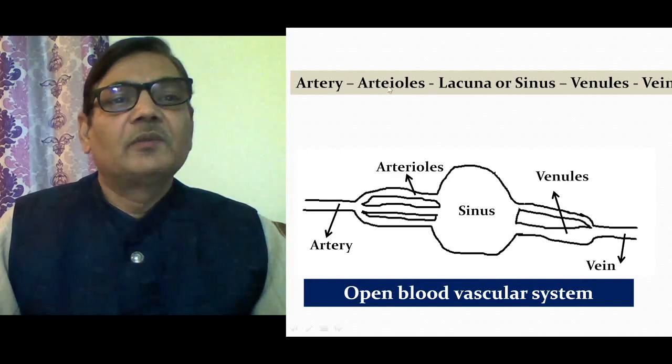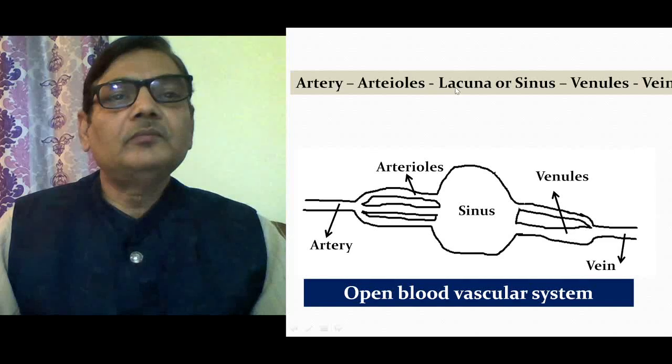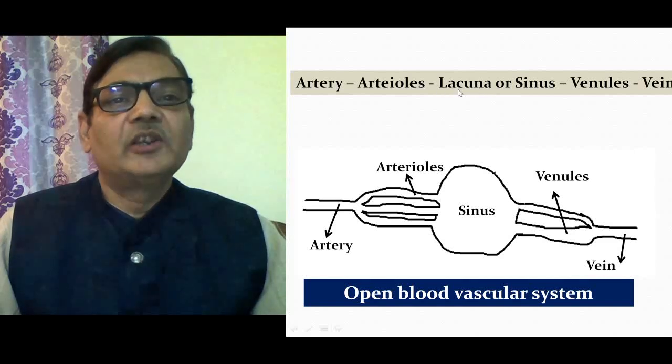Arterioles are fine branches, and these arterioles may open into lacunae. Lacunae are small spaces where blood gets accumulated, or if that space is quite large in size, it is referred to as a sinus.